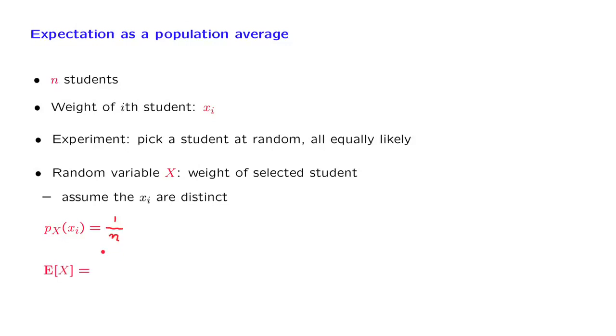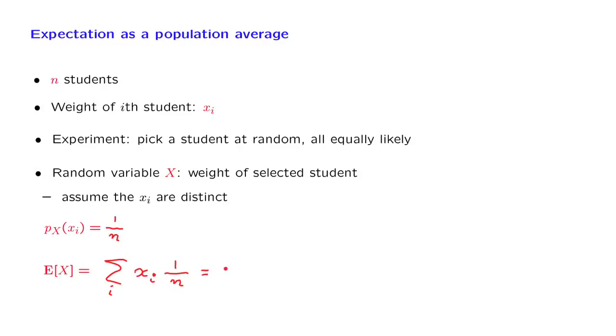And now we can proceed and calculate the expected value of the random variable X. This random variable X takes values, and the values that it takes are the xi's, and a particular xi will be associated with a probability of 1 over n, and we're adding over all the i's or over all the students, and so this is the expected value.